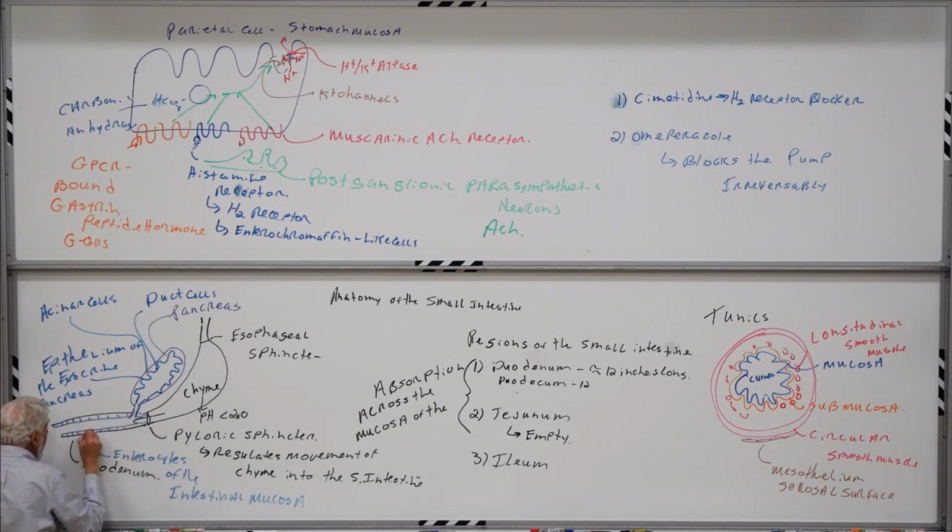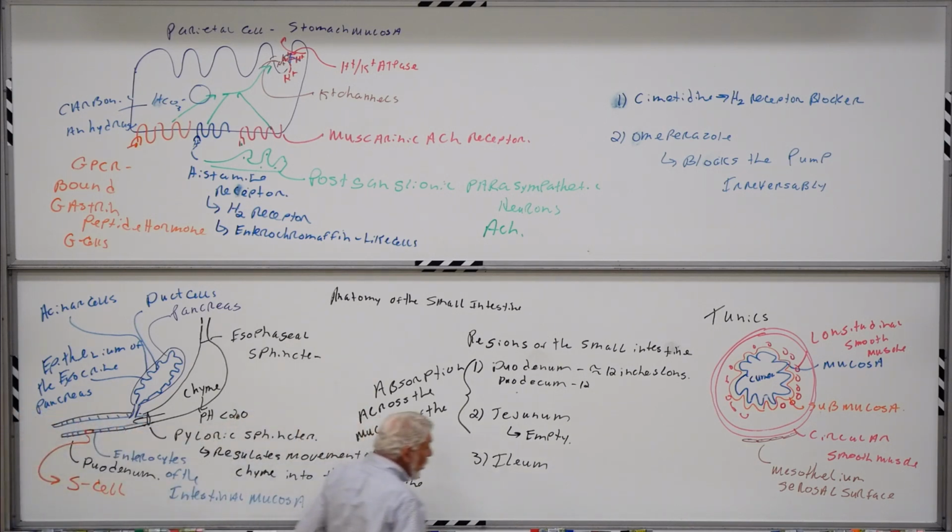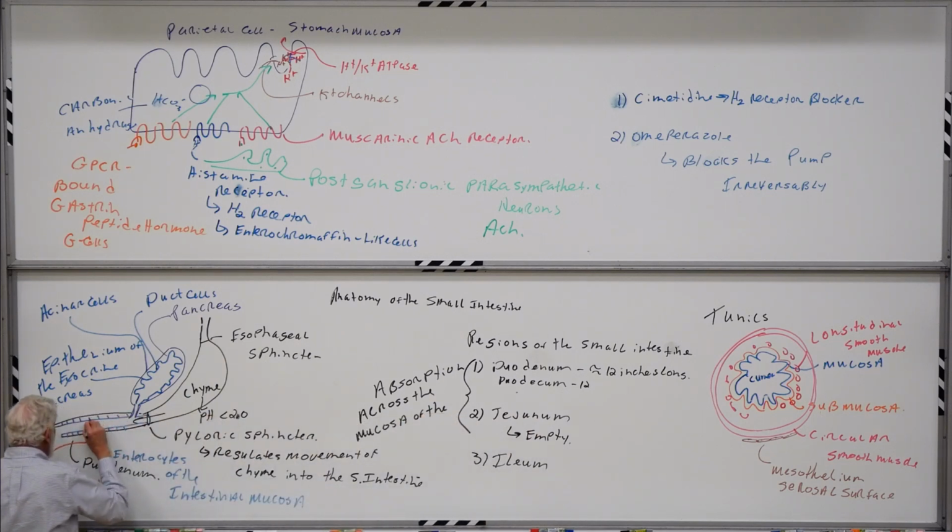There's a cell down here, a cell type in the mucosa of the small intestine in orange, which is known as an S cell. And then there's going to be this brown cell here. This is called an I cell. The S cells and I cells are modified enterocytes in the small intestine.